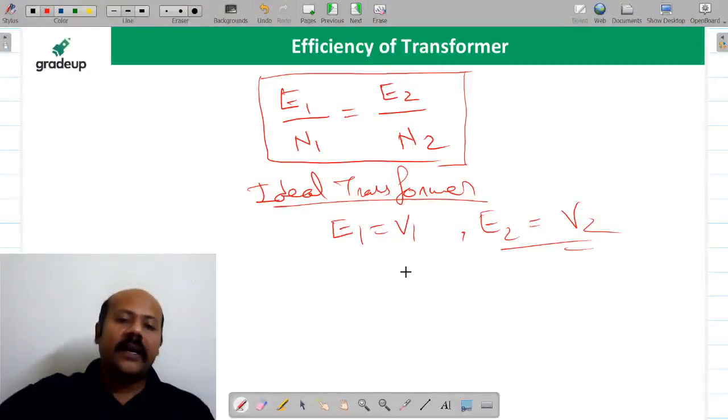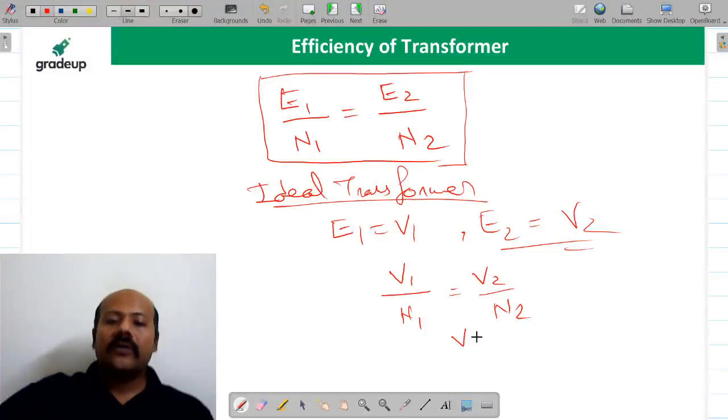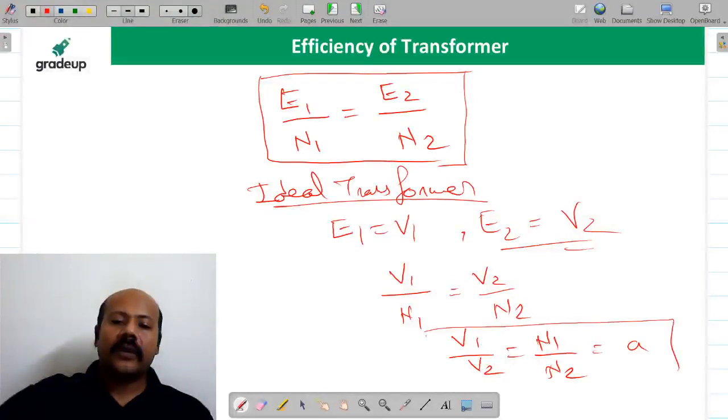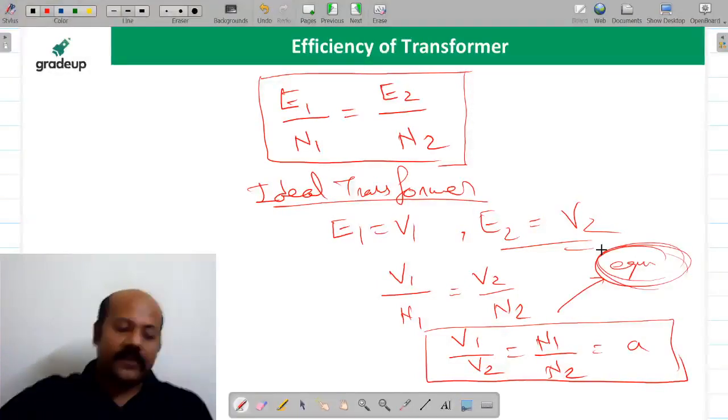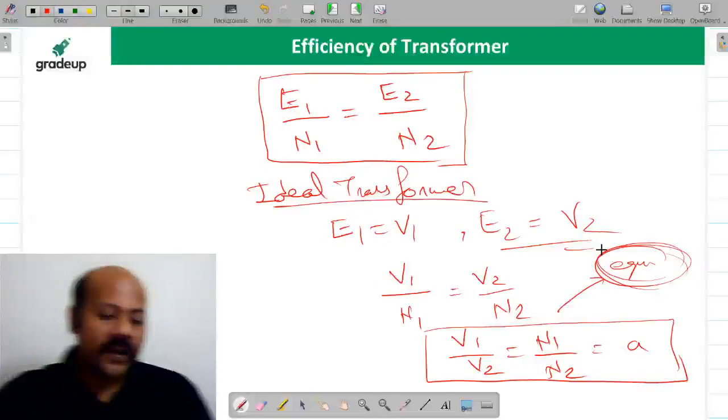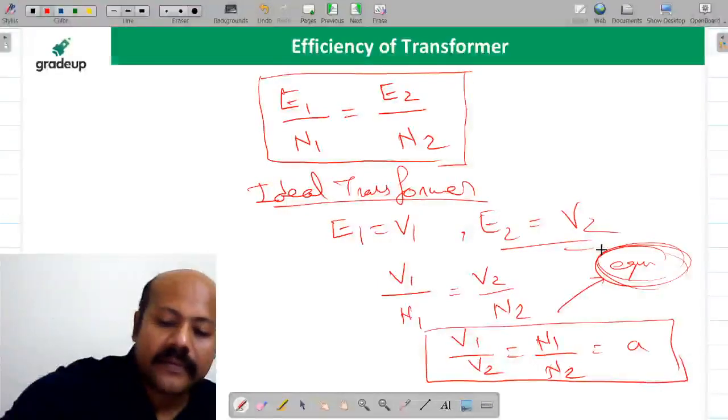If it is like that, then you can write V1 upon N1 is equal to V2 upon N2, or you can write V1 upon V2 is equal to N1 upon N2 is equal to transformation turns ratio A. This is very important equation. You must be knowing this. I hope it is clear to all of you.